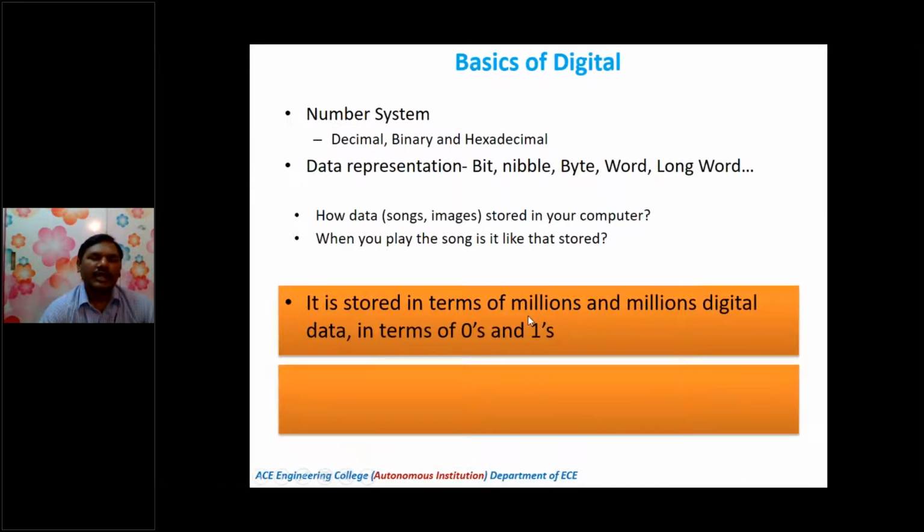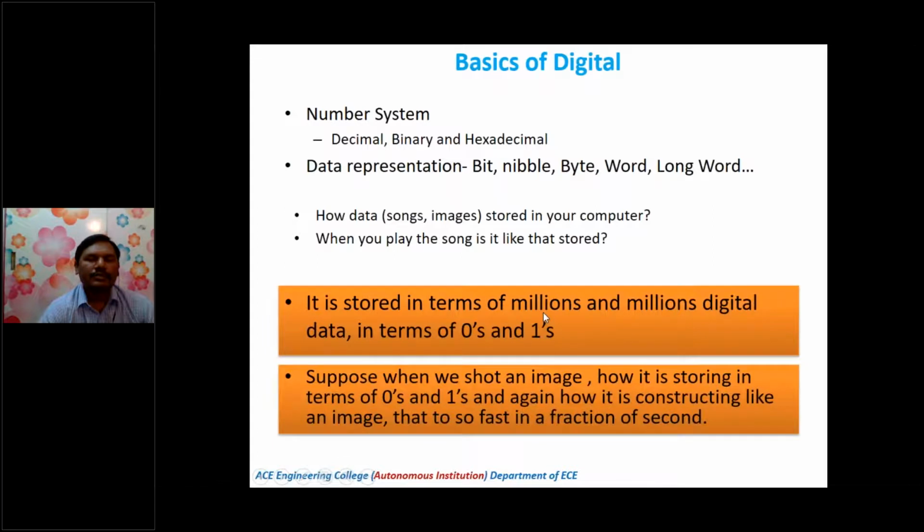Why millions? Because one song equals 4 MB, 5 MB, and here 1 MB, M stands for million. Suppose when we shoot an image through a camera, how is it stored in terms of zeros and ones? That we will see here.